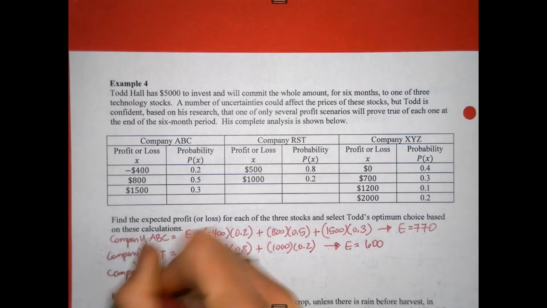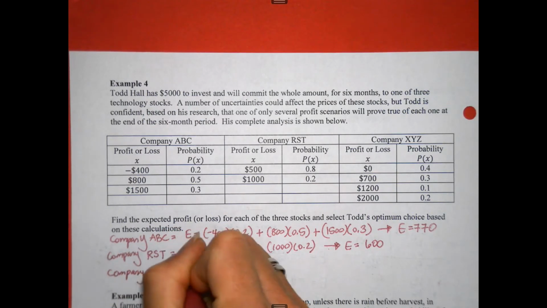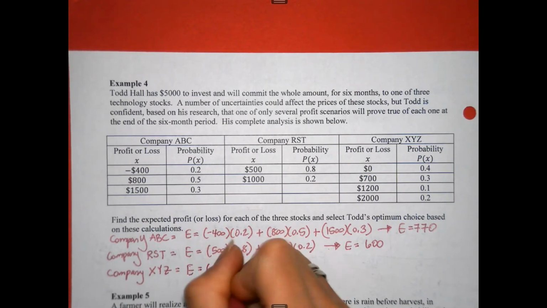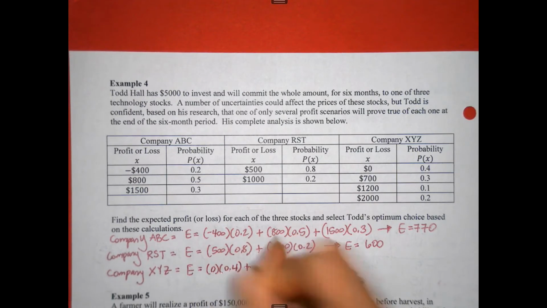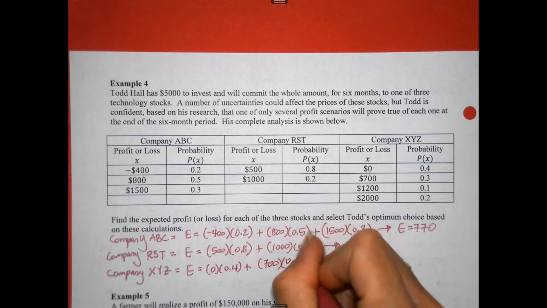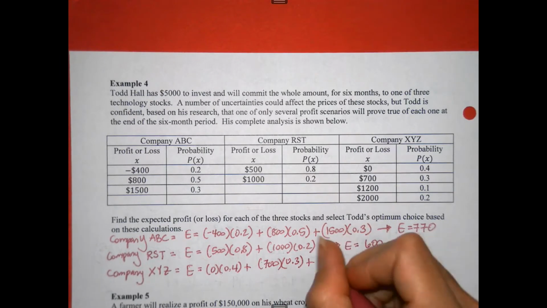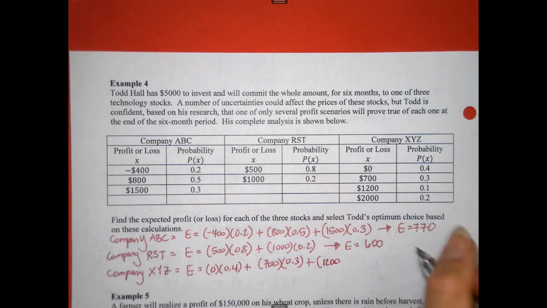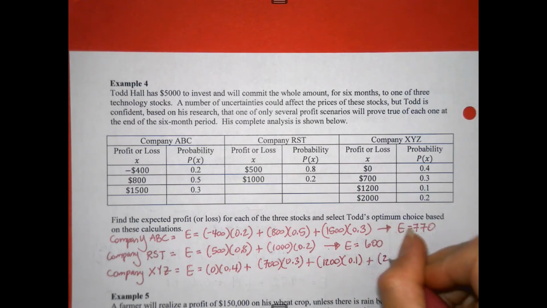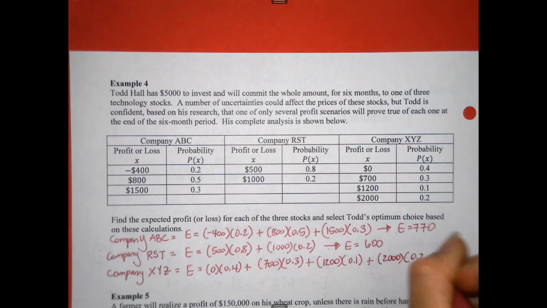And for company XYZ, expected value will be 0 times 0.4 plus 700 times 0.3 plus 1200 times 0.1 plus 2000 times 0.2, and the expected value is 730.